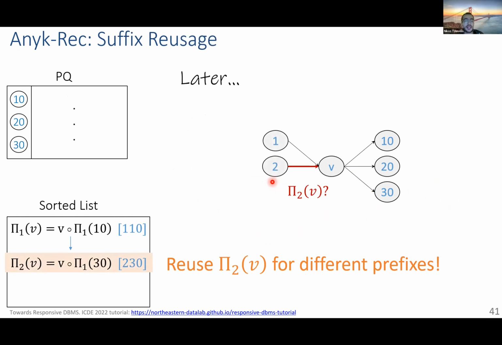Now, the strength of this method, its advantage, is that you can have different prefixes coming to node V and asking for the same suffix. In our example, we have 1 and 2, and they both come to V, and at some point they will both ask for pi 2 of V. If we store it here in the sorted list, then we can return it immediately when 2 asks for it.